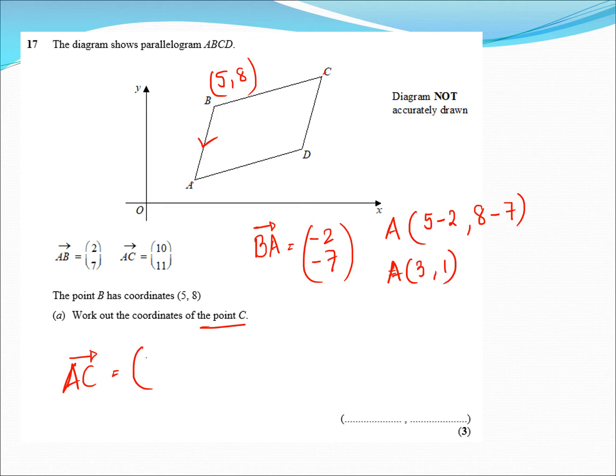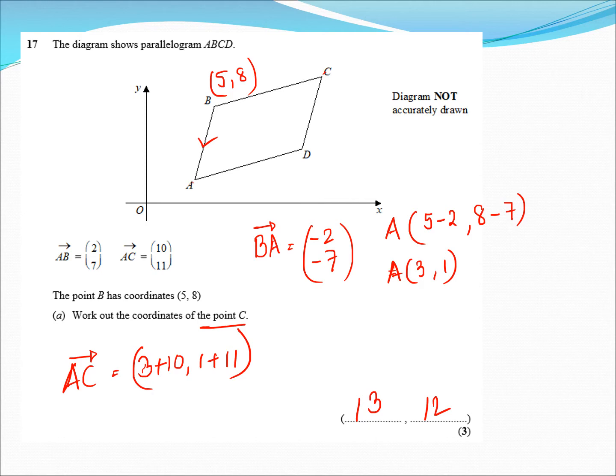So I'm going to get 10 plus 3, and here 1 plus 11. Actually, I should write it as 3 plus 10 because the coordinates are like that. So 3 plus 10 and 1 plus 11. So your final answer is going to be 13 and 12. And these will be the coordinates of C.